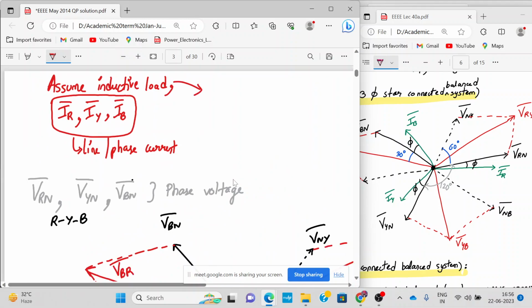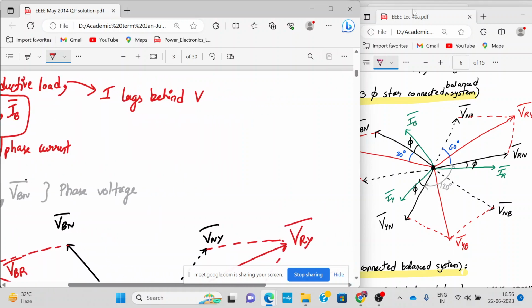So in an inductive load, current I always lags behind voltage V. Which current and which voltage are we talking about? We are talking about phase voltage and phase current. So if it is an inductive load, the current will lag. That is how we have drawn the diagram over here.